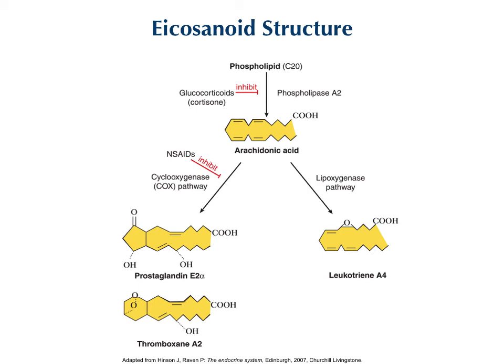Here we would inhibit phospholipase A2, PLA2. And if we inhibit this activity, this is what glucocorticoids such as cortisone do. And as you know, they have wide-ranging effects throughout the body if you take glucocorticoids. And so this reduces a wide-ranging inflammation.